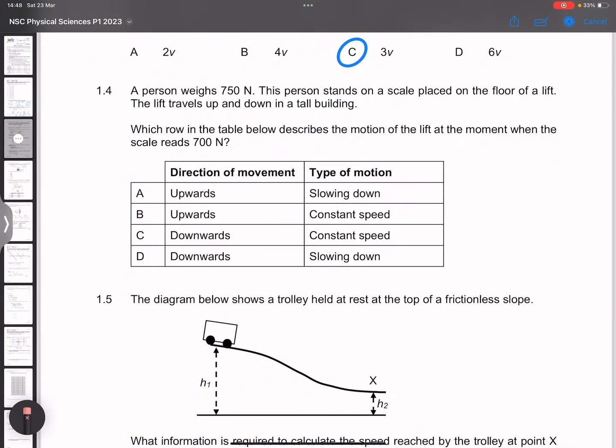Now they say to us a person weighs 750 newtons. The person stands on a scale placed on the floor of a lift. The lift travels up and down in a tall building. Which row in the table describes the motion of the lift at the moment when the scale reads 700 newtons?